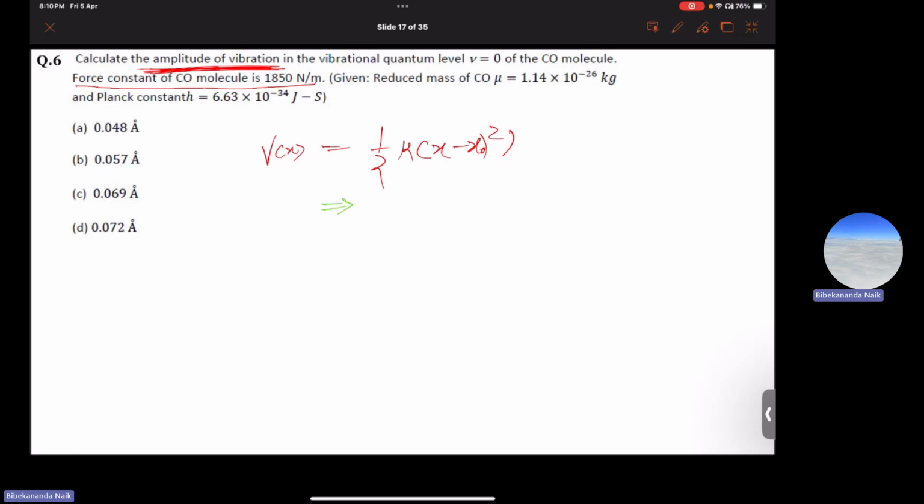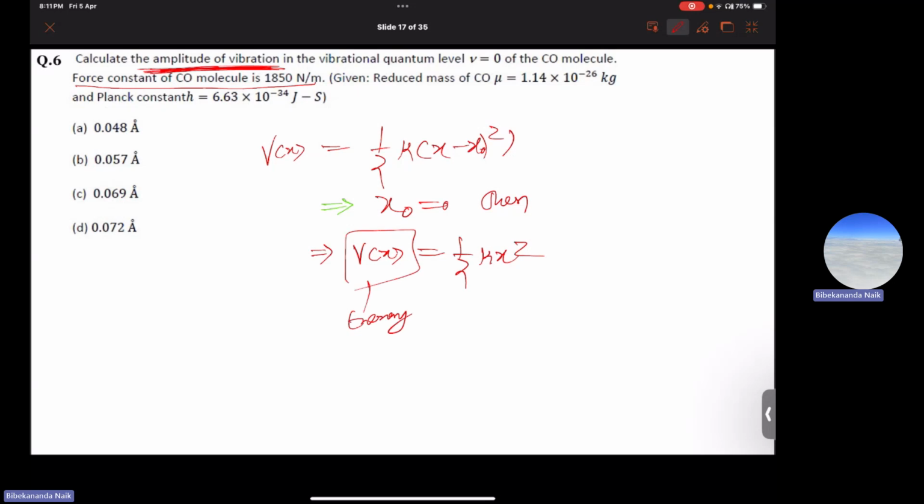If x zero equals zero, then V(x) is half k x square. Now this is nothing but the potential energy of the vibration.